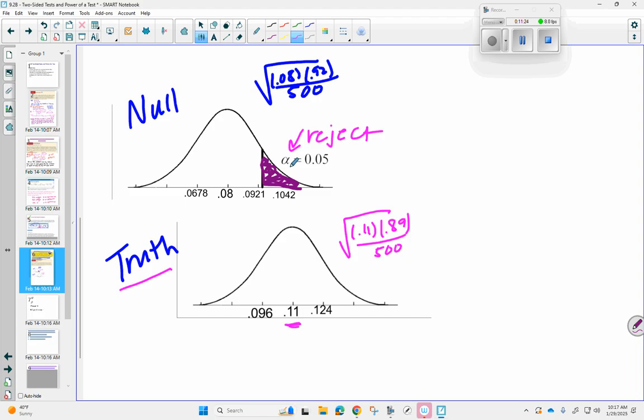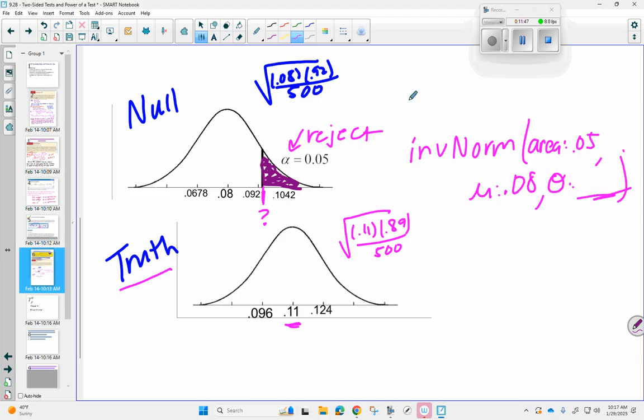So if I reject at the 5% level, I can actually find what percent of blemished potatoes is going to get rejected by doing inverse norm with area 0.05. You don't have to know this for the test. Mean of 0.08 and standard deviation from this formula right here. And if I plug that in, I'm rejecting at 10%.